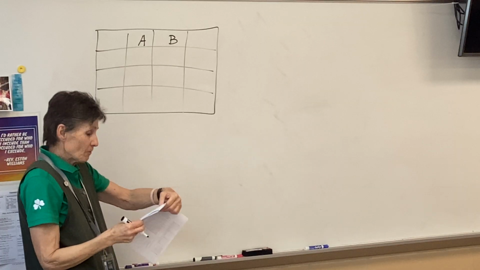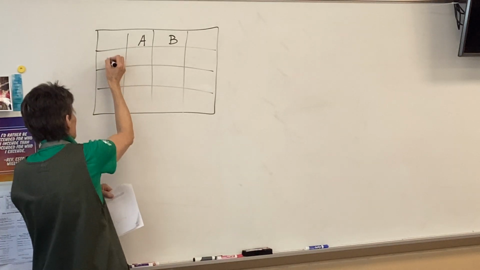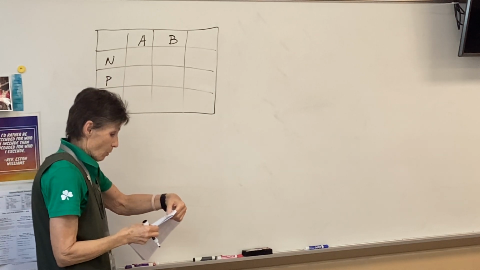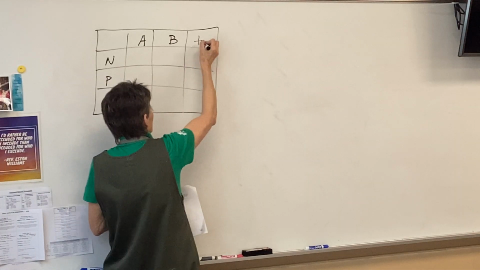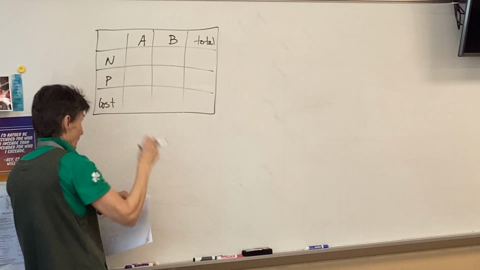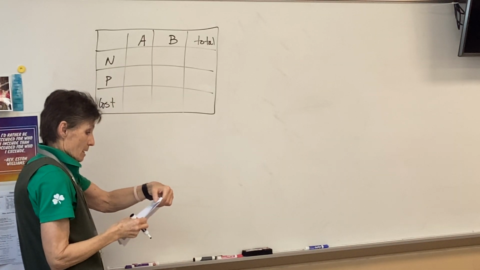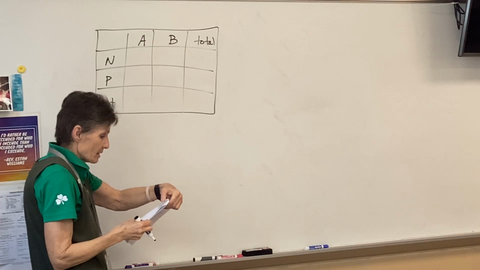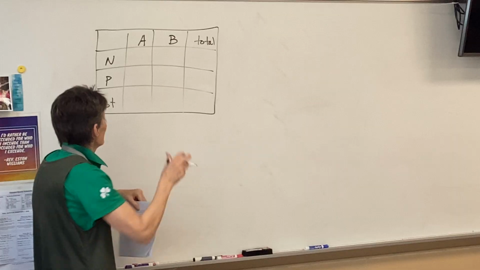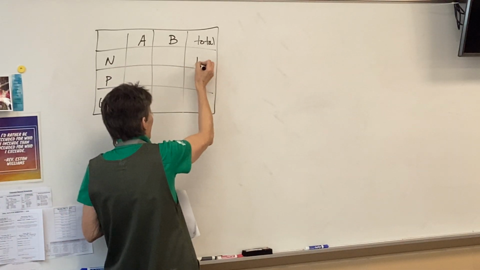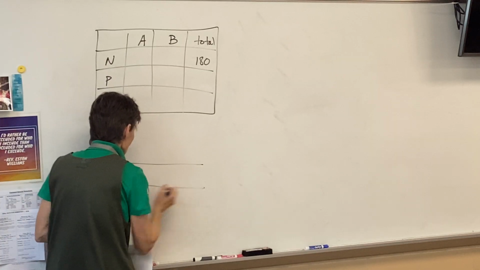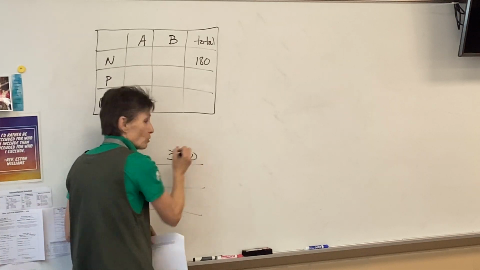Now, in that fertilizer, we have nitrogen and phosphorus. And then we have our total, and one more cost. He needs at least 180 units of N. So N has to be at least 180, which means when I build my constraint, would this be another greater than?